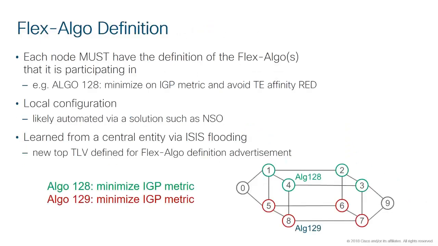So once you have established which nodes are part of an algorithm, and that you have configured them with the prefix SID for that algorithm, you need to define what the flexible algorithm is. You can do it on a per node basis, or you can do it on one or two central nodes that flood the definition of the flexible algorithm within the network.